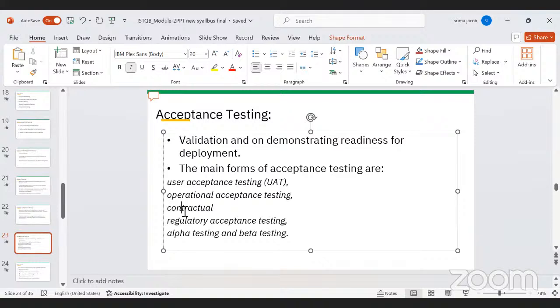And next is regulatory acceptance testing. This is based on the domain in which the application is being developed. For example, it could be the health domain, telecommunication, or traffic.